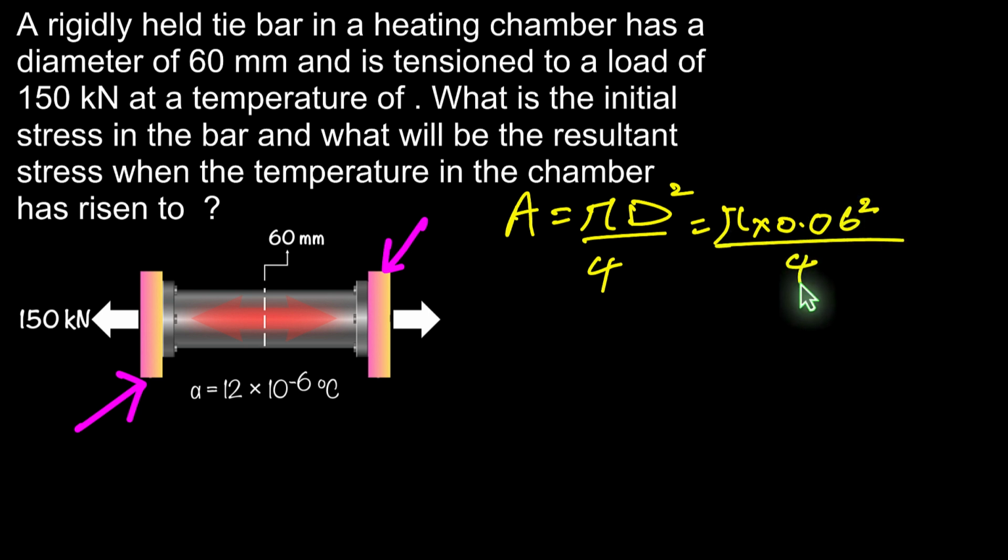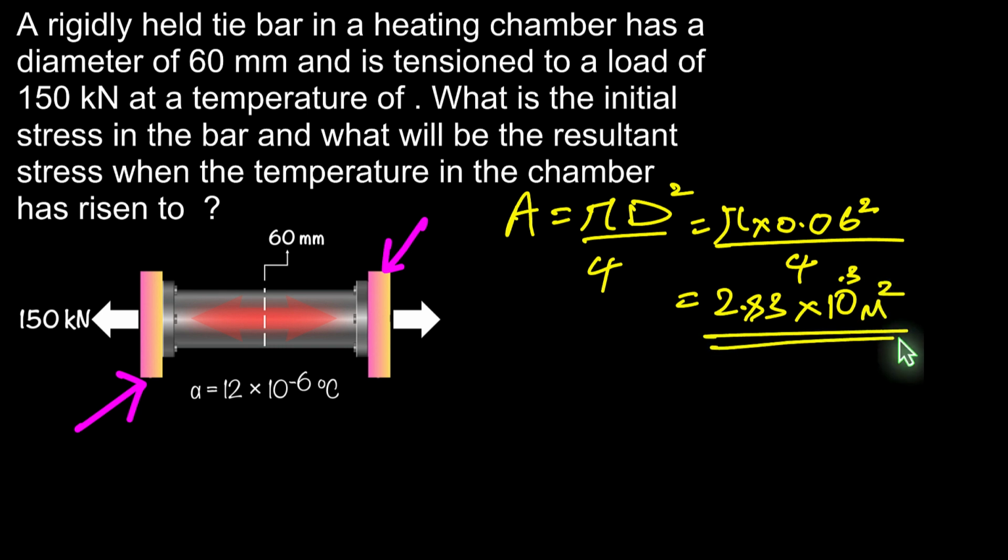That's going to be divided by 4. So what we have here is a net result for our area of 2.83 multiplied by 10 to the power of negative 3, and that's in meters squared. So right there we have our area to begin with.